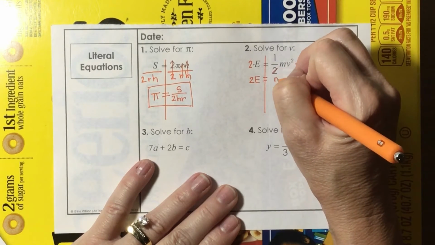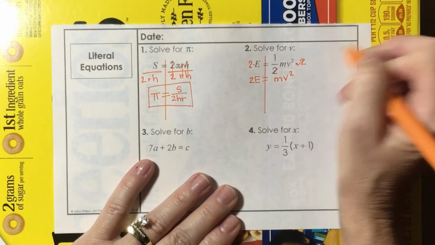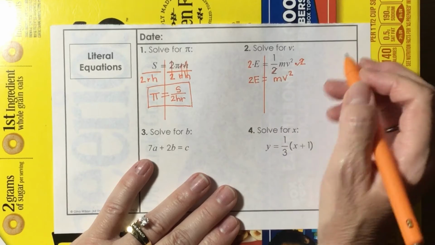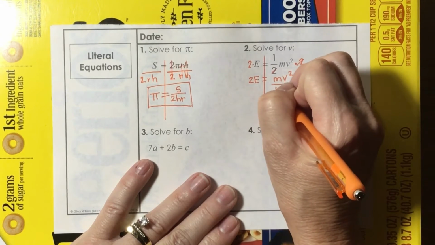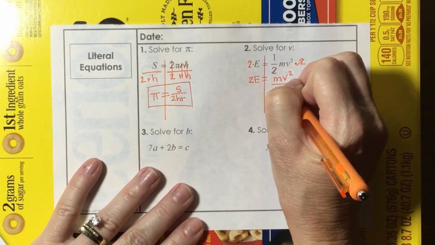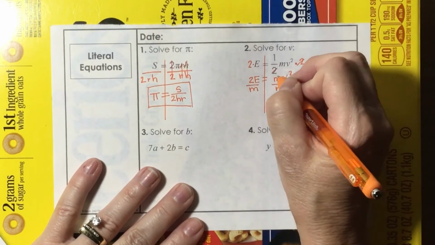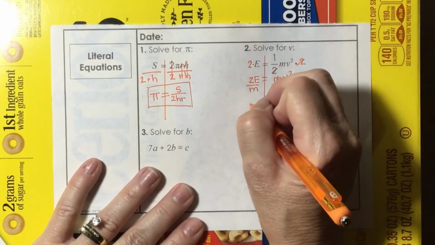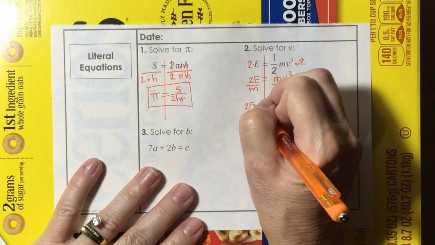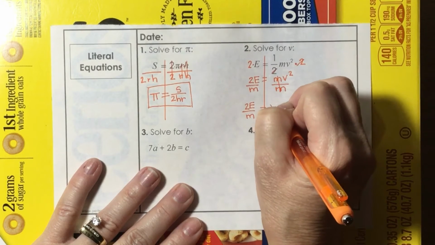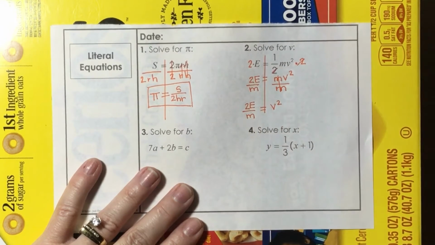So we have mv squared. All right. So I'm going to get rid of this m next. Let's divide that by m. Over here we'll divide it by m. So m divided by m is 1. So now we have 2e over m equals v squared.